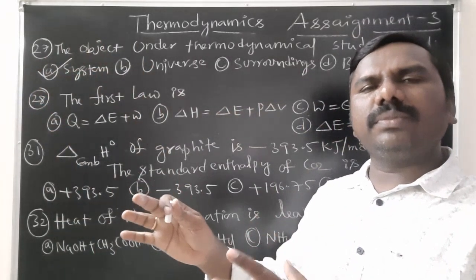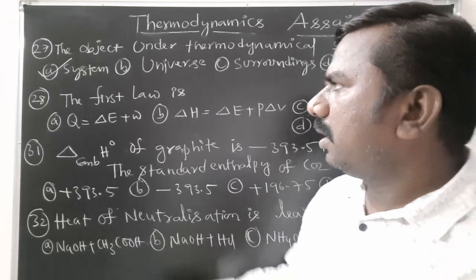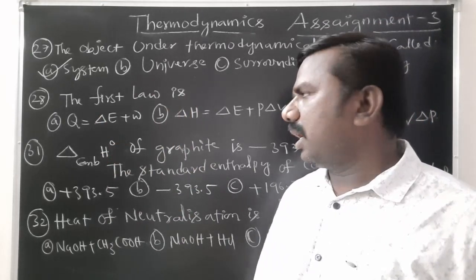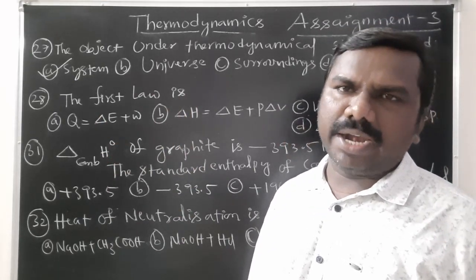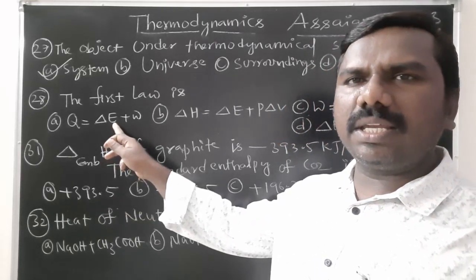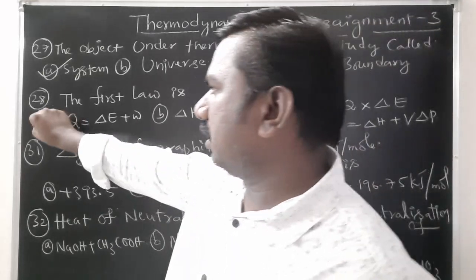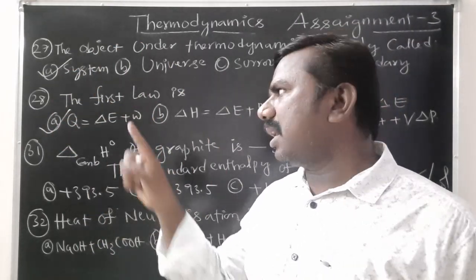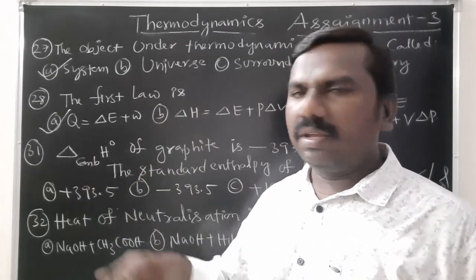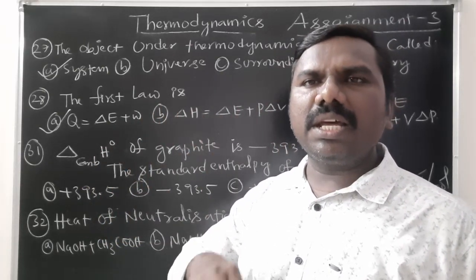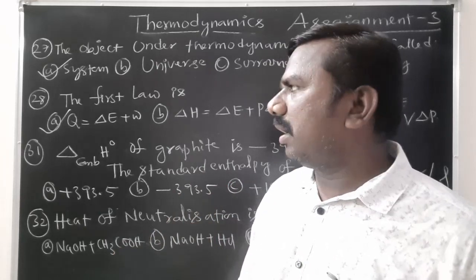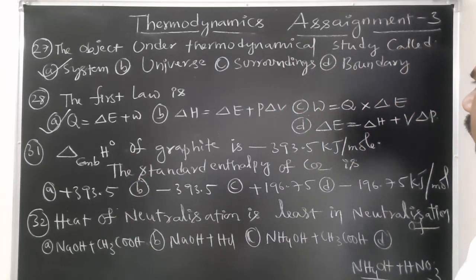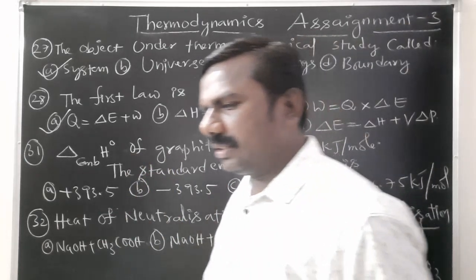If I take this room, that is the system. The first law of thermodynamics is energy is neither created nor destroyed. Q is equal to delta E plus W. So this is the system. Plus W means work done on the system. Minus W means work done by the system. Plus delta E means energy absorbed by the system, and minus delta E means energy released by the system. Right, students?